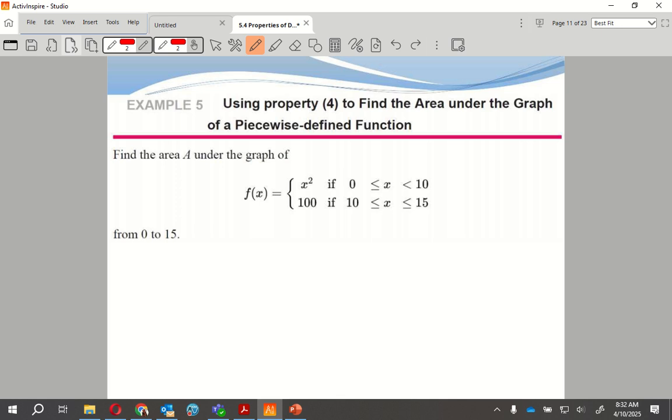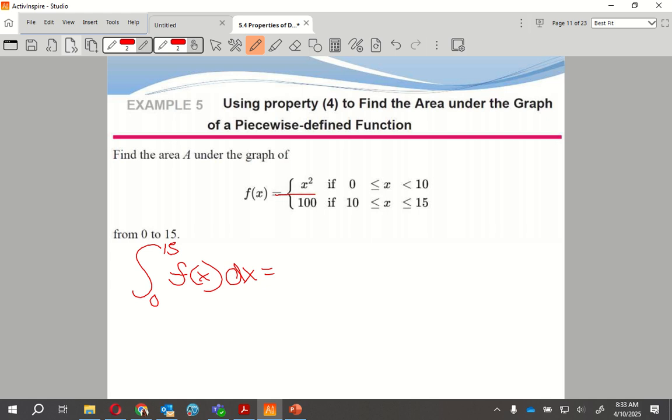Find the area under the graph. Okay. So from 0 to 15. I'm going to have to do this in 2 different parts because these are 2 different functions. So for the whole thing, the integration from 0 to 15 of f of x dx is going to be equal to my first part of the integration.